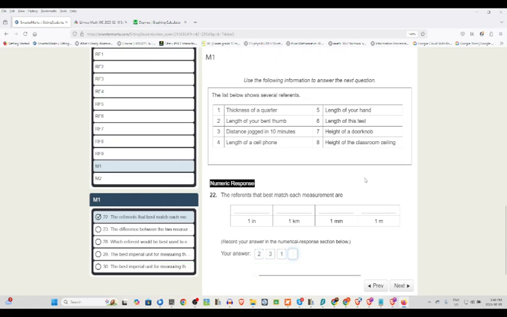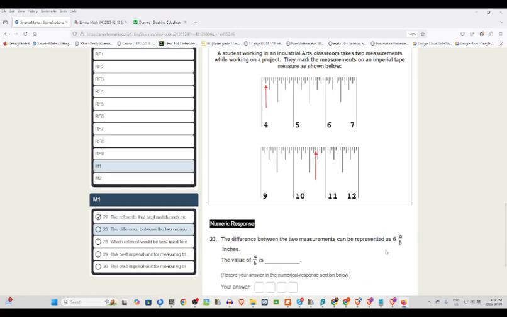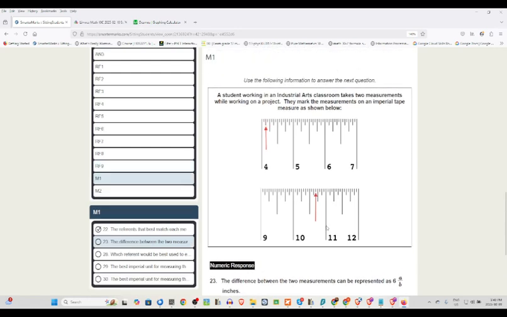Now, which of these would be closest to a meter? That's going to be the height of a doorknob. So the difference between these two measurements is 6 and a fraction a over b. That's because the first one is 10.